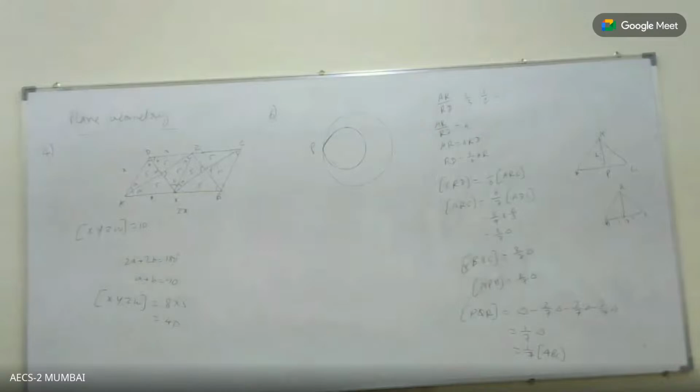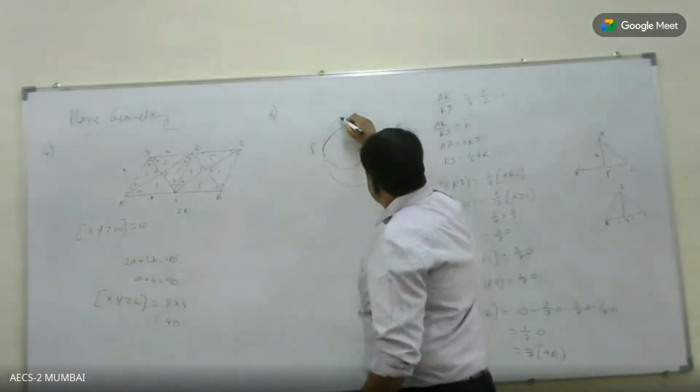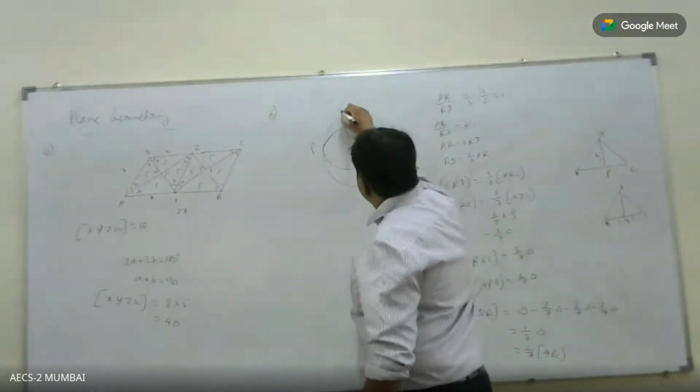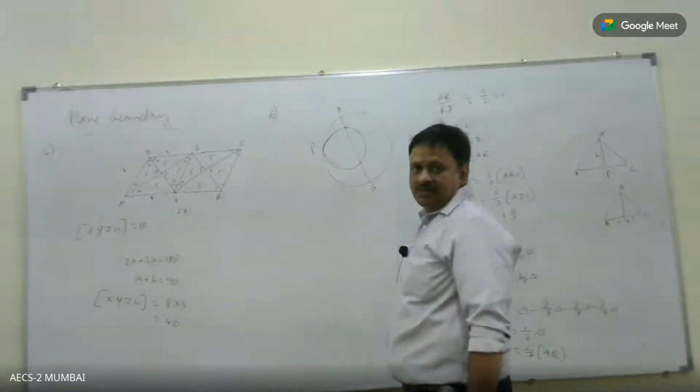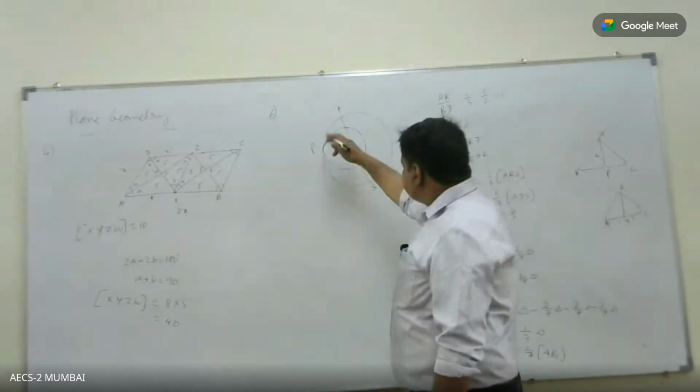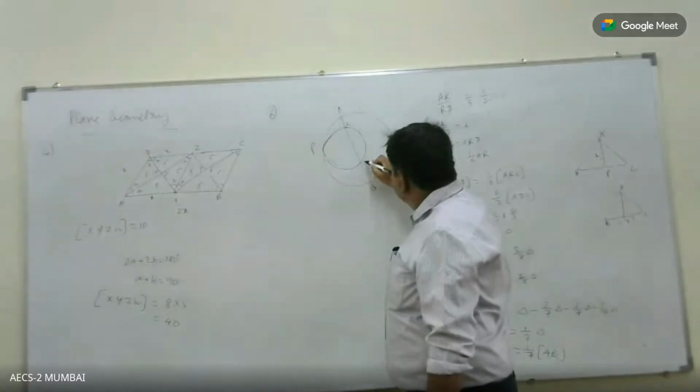A chord AB of the bigger circle intersects the other circle at C and D. There is a chord AB for the bigger circle. It intersects the smaller circle at C and D.